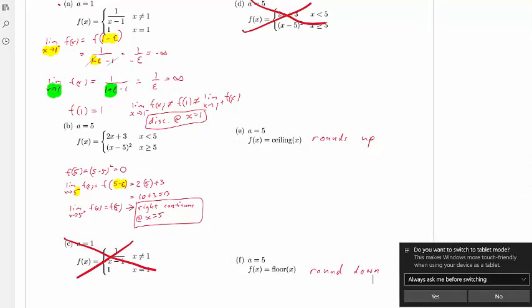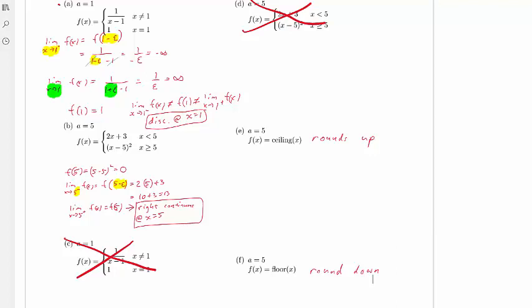But we're going to use our mathematical tools. We're not going to rely on the graph. The graph just helps us understand what's going on, after all. So we're going to say the limit as x approaches 5 from the left of f of x. Well, that's going to be f of 5 minus epsilon.